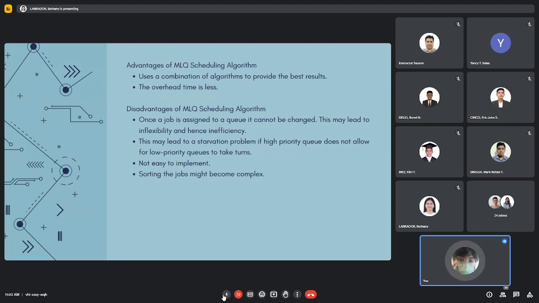The disadvantages of MLQ: once a job is assigned to a queue, it cannot be changed. This may lead to inflexibility and hence inefficiency. So we all know that once it is assigned already, the queue cannot be changed.